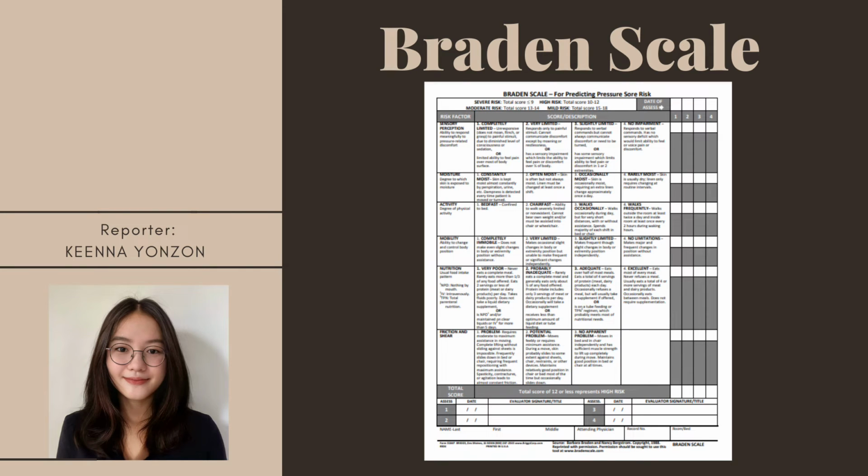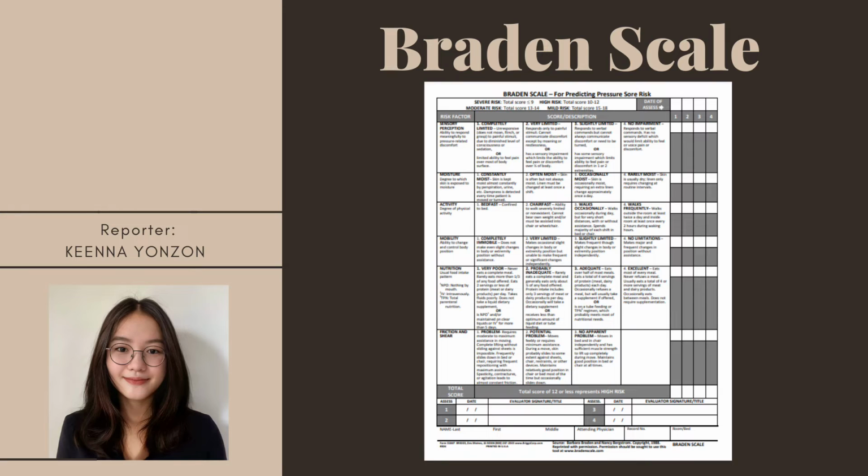Several factors place a patient at risk for developing pressure injuries, including nutrition, mobility, sensation, and moisture. The Braden scale is a tool commonly used in healthcare to provide an objective assessment of a patient's risk for developing pressure injuries.